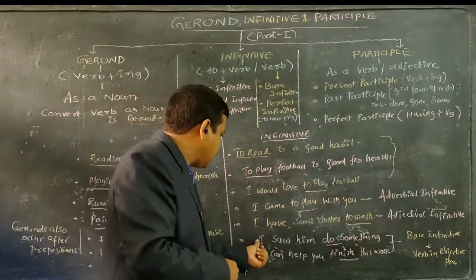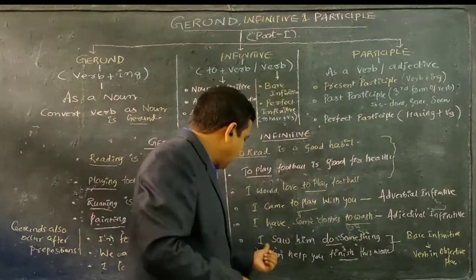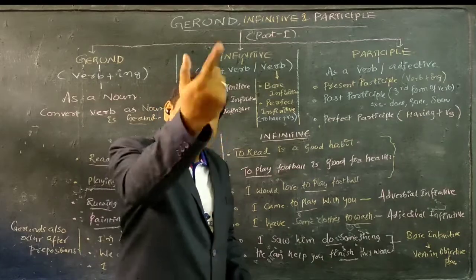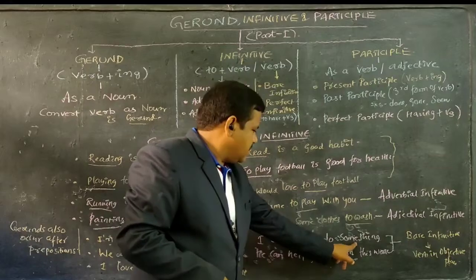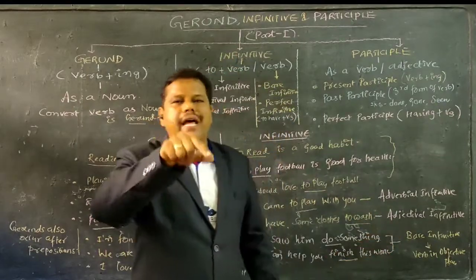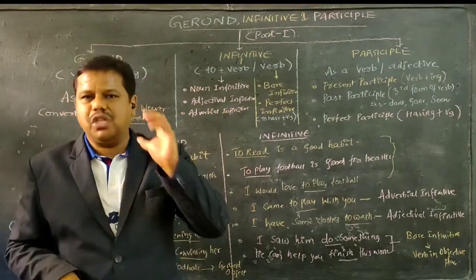See these two examples. I saw him do something. I saw him, already I saw someone, that he is doing something. I saw him do. This type of sentence is called a bare infinitive. They often come under the objective part.